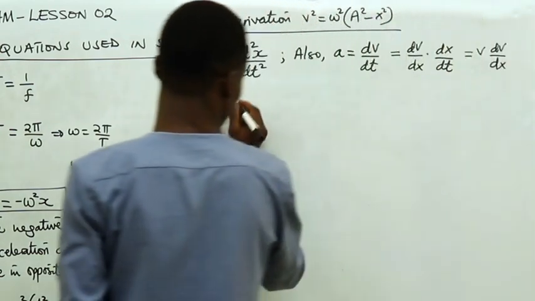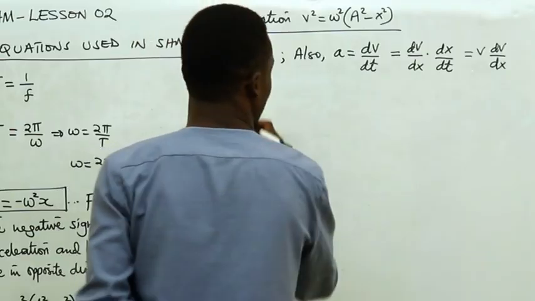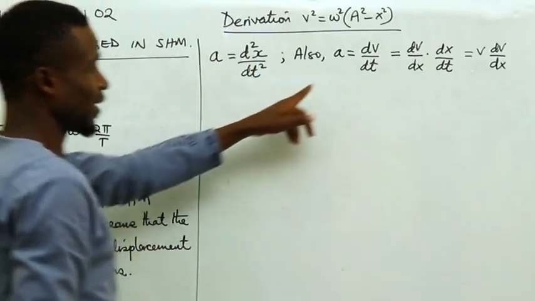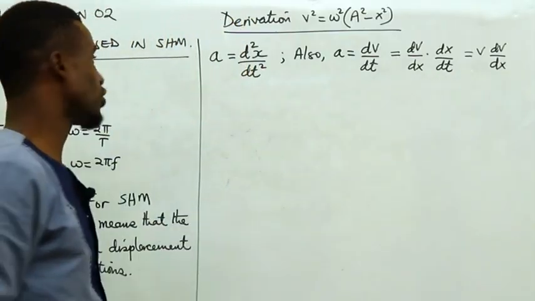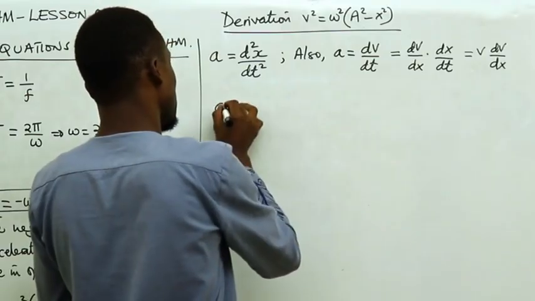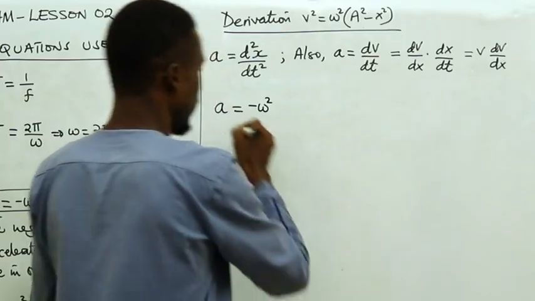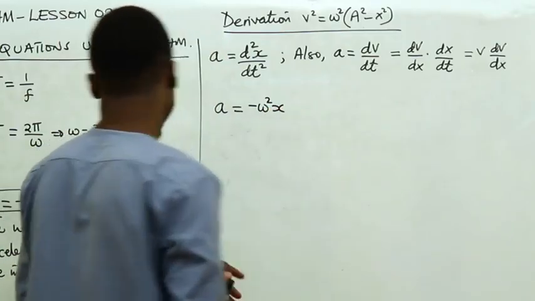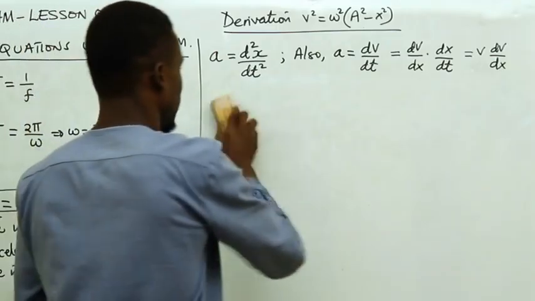So we are now writing that the acceleration is equal to v dv dx. Can we substitute it in this equation? Our acceleration now becomes negative omega squared x.